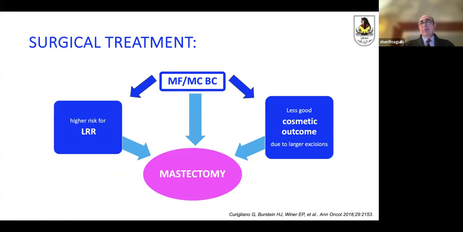So for many years, mastectomy remained the standard treatment for multifocal and multicentric breast cancer, and that was due to the finding of higher risk of locoregional recurrence with multifocality and multicentricity, and of course, a less good cosmetic outcome with this kind of tumors because of larger excisions.